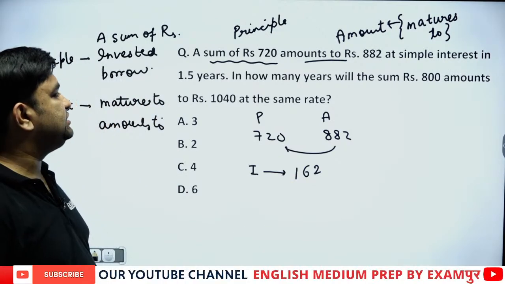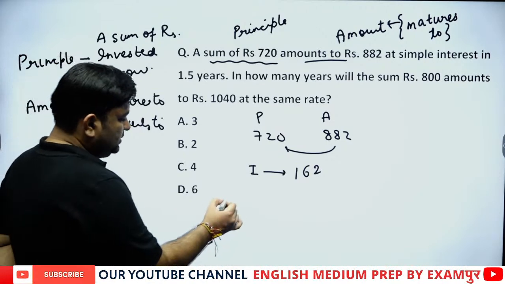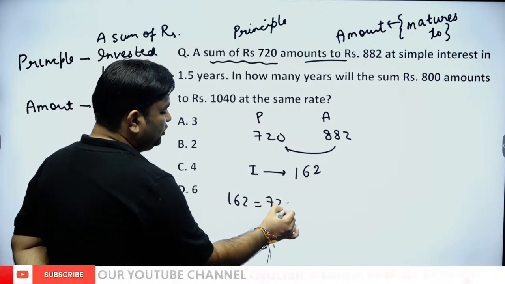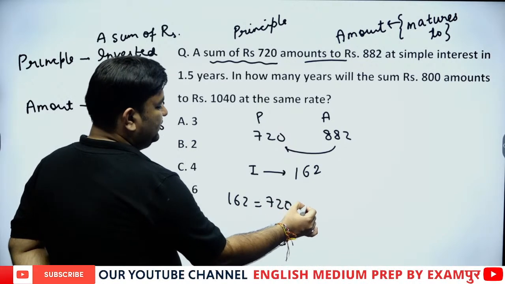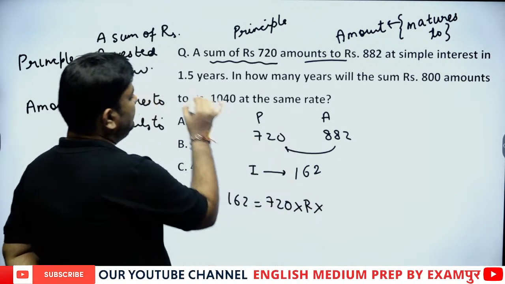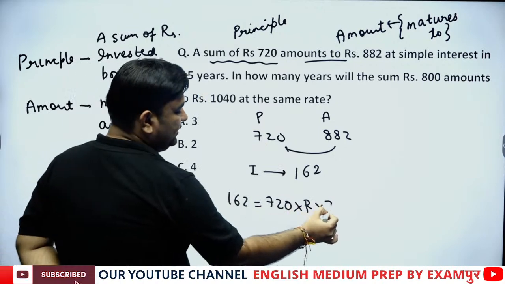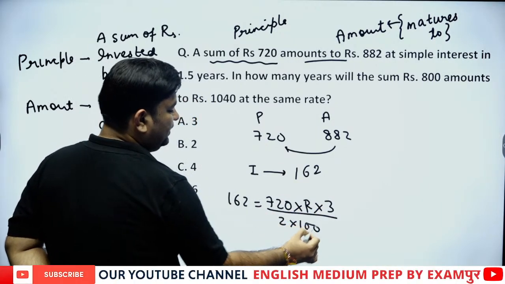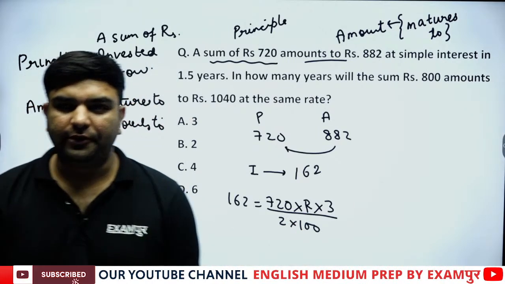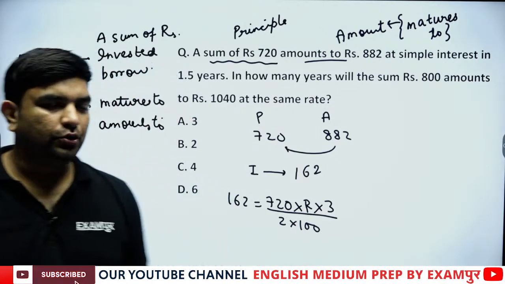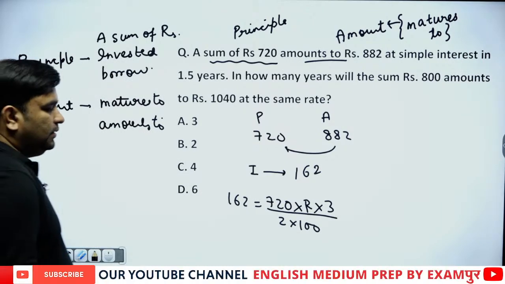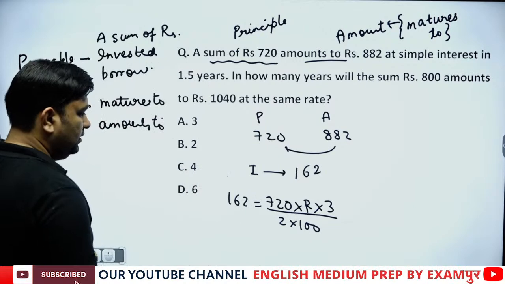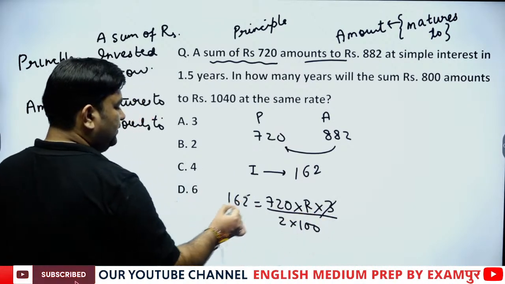So 162 interest over the principal of 720, with the rate, time is 1.5 or you can say 3 by 2, over 100. We will get to know the rate. Please do simplify. 3 5s are 15.